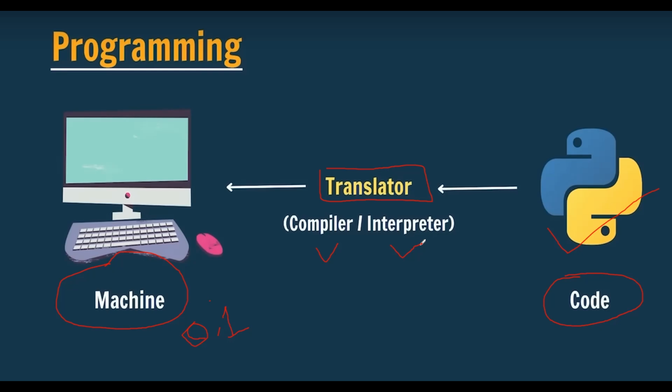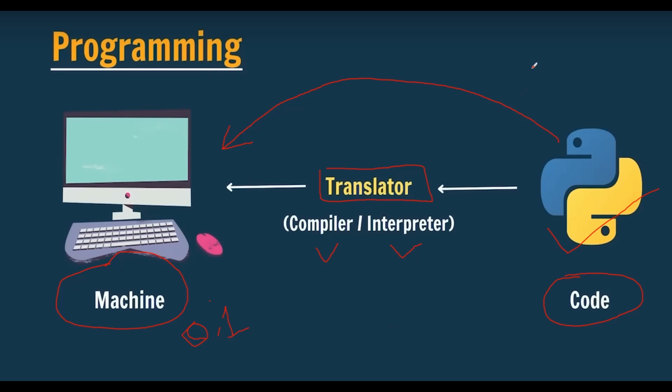And guys, Python is an interpreted language which converts our Python code into the form of zeros and ones that machines can understand easily. So what does this translator do? This translator converts our Python language into machine language, or we can say low level languages that machines can understand easily. And machines only understand binary language, which is 0 and 1.